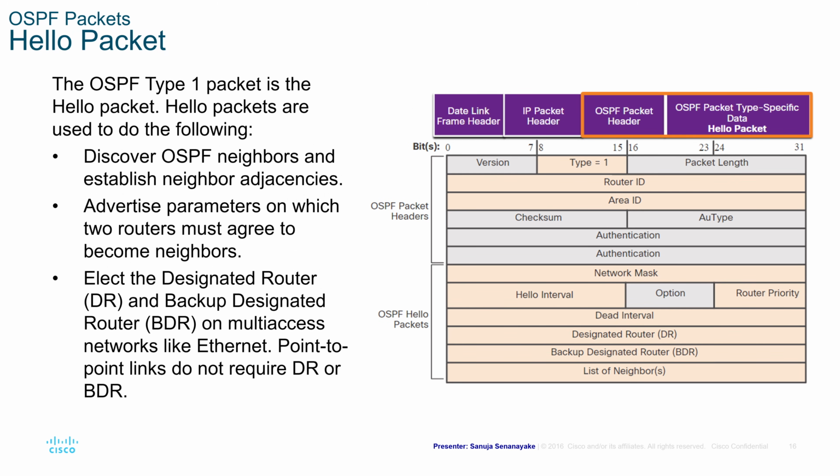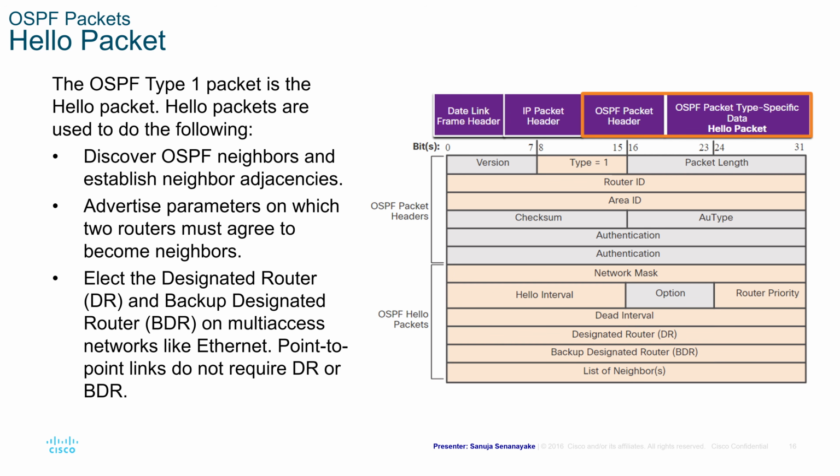So let's look at the hello packet. The OSPF type 1 packet is the hello packet. Remember from our previous slide with the table, the type 1 packet is the hello packet.